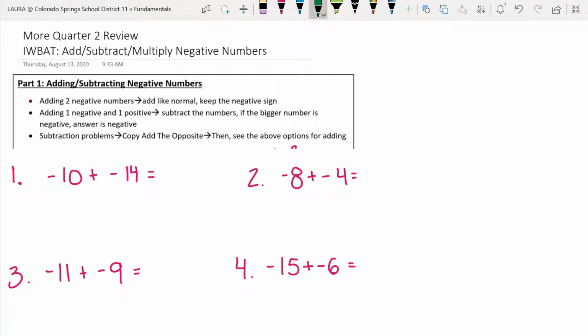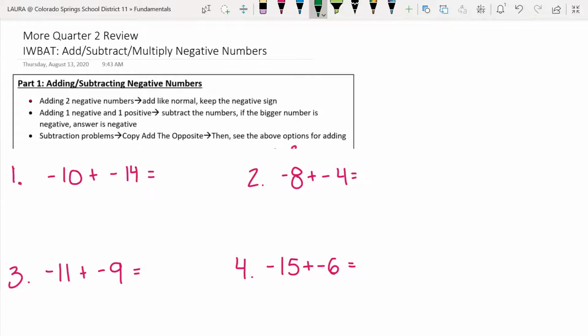Right below it, I took a little picture of our notes from Thursday. That way I have a nice reference here, and you can reference back to it as well for the rules for adding and subtracting negative numbers. You don't have to write down the bullet points because it's already saved in our notes. What you do need to write down is the questions.